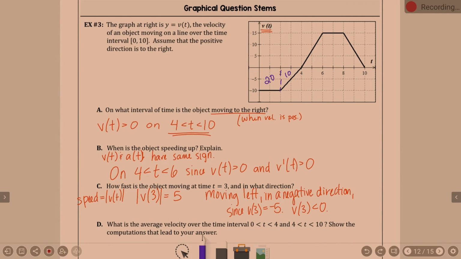We also have to look at 4 to 10. What do you want to do with 4 to 10? A quadrilateral, two triangles and a rectangle. You can do one big trapezoid, or a rectangle and triangle.